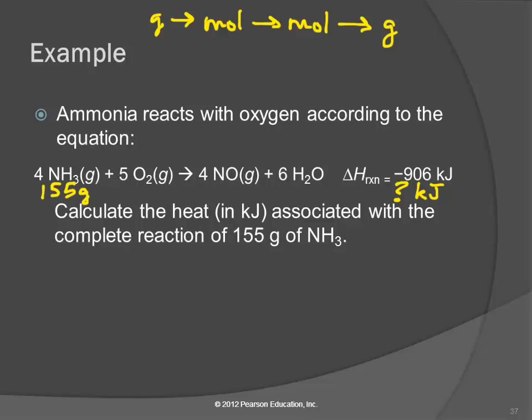We can, because we can relate kilojoules to any of those: to moles of ammonia, to moles of oxygen, to moles of nitrogen monoxide, or moles of water. We can choose whichever one we need. So for a problem like this, you're going to go grams to moles and then directly to kilojoules. It's like a shortcut. You actually don't have to go through the muddy swamp. There's a little path that goes around the side and gets you where you want.